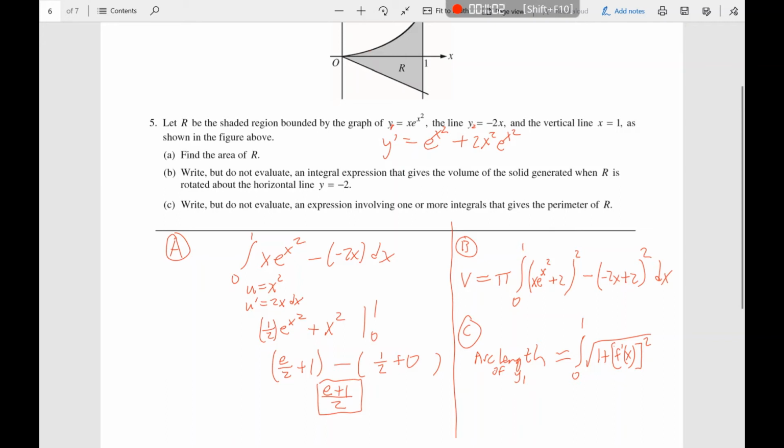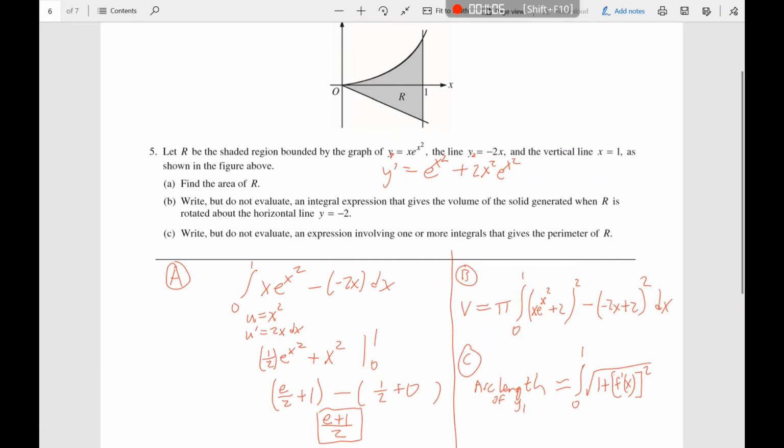I still need, in order to get the perimeter, 2 more distances. So what else do we need? Okay, the vertical line, that should be the easy one. You told me earlier this was y equals -2. What is this top line then? If you plug in 1.